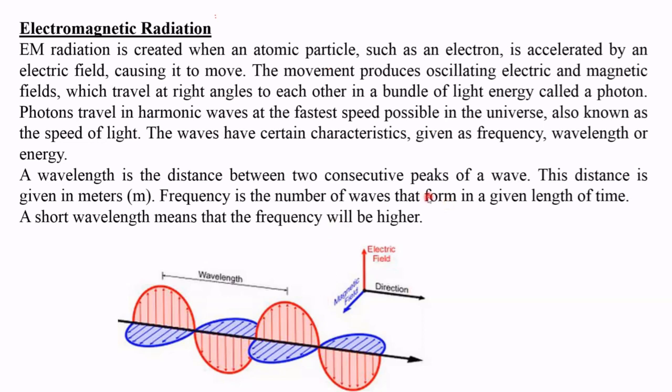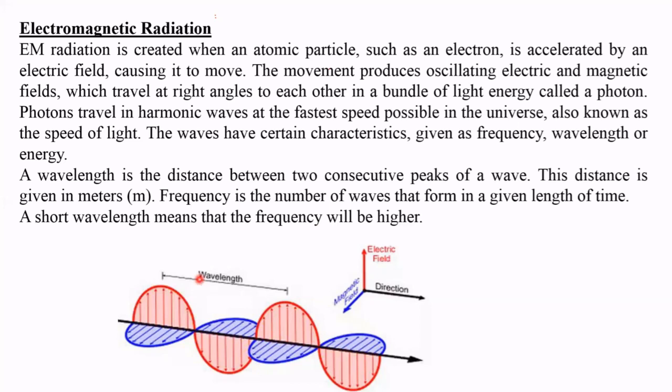See this. Now the light energy is transferred in terms of photons. The field is a sinusoidal wave, and the distance between two consecutive peaks gives the wavelength. The number of waves formed within a certain length of time is called frequency.